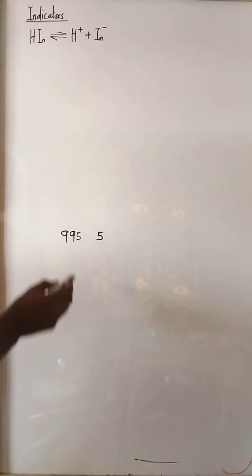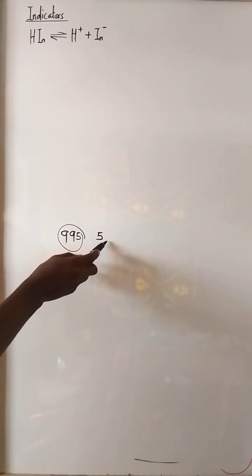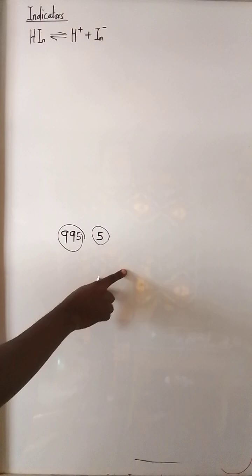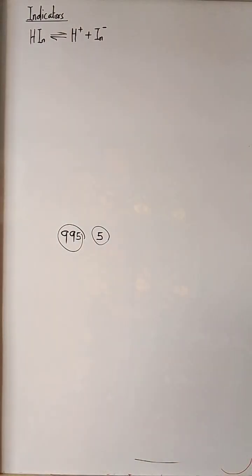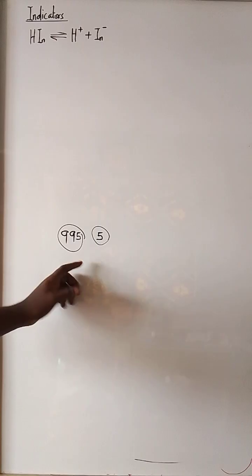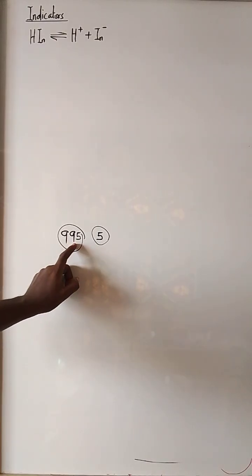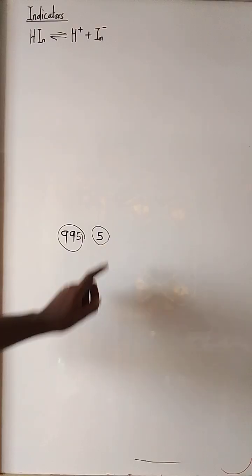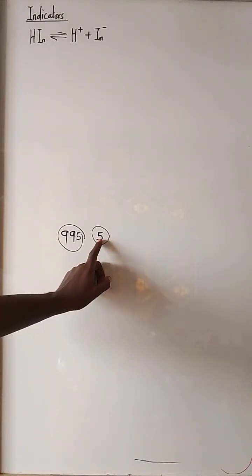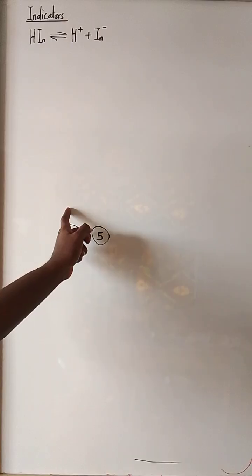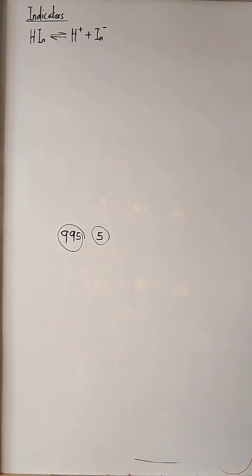The color of the 995 and the color of the 5 are different. Those that ionize have a different color from those that do not ionize. Now, checking 5 versus 995, at the end of the day the color of the 995 will overshadow that of the 5. But if we have more of the ionized and less of the unionized, the color of the ionized will overshadow the other. And that is how their color changes.